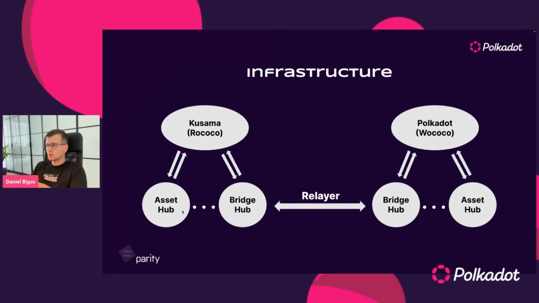Within the Polkadot ecosystem, we have the destination Bridge Hub and the destination Asset Hub of our asset transfer over the bridge. And also we need a relayer that sends messages between Rococo Bridge Hub and Wococo Bridge Hub, because we talk about Rococo to Wococo, Rococo mirroring Kusama and Wococo mirroring Polkadot.